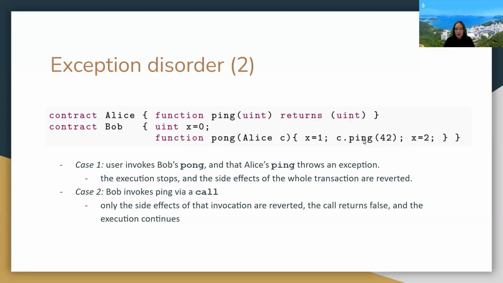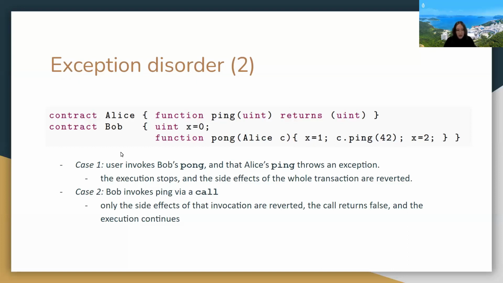Everything that happened before c.ping is reverted, and the value of x remains 0. It reverts x equals 1 and goes to the initial state.